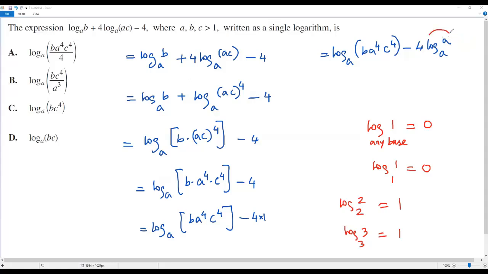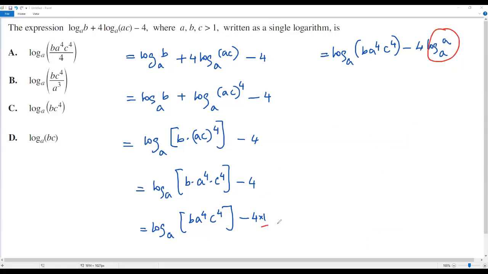So the value of the logarithm I have written here equals 1, because a is not equal to 1 and the argument and base are the same. If a equaled 1, the value of this logarithm would become 0, but that's not possible here because a is greater than 1. So log a to the base a equals 1. Now let's continue the simplification.